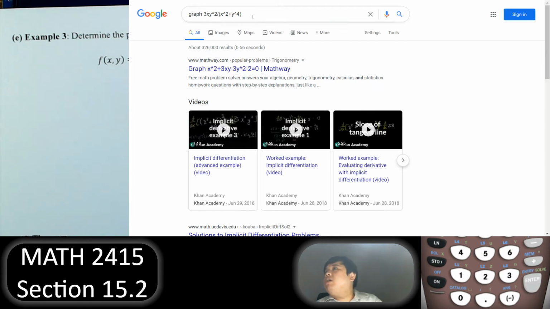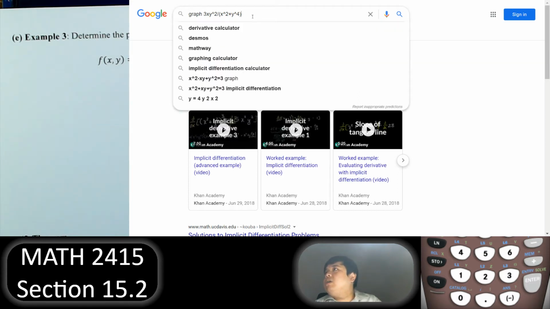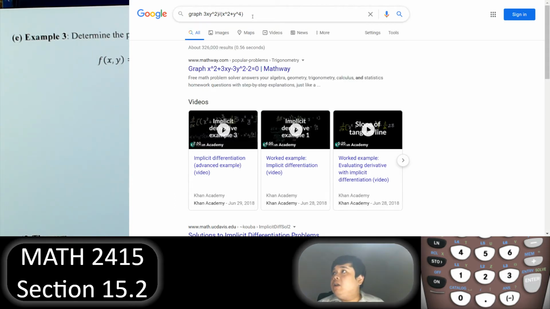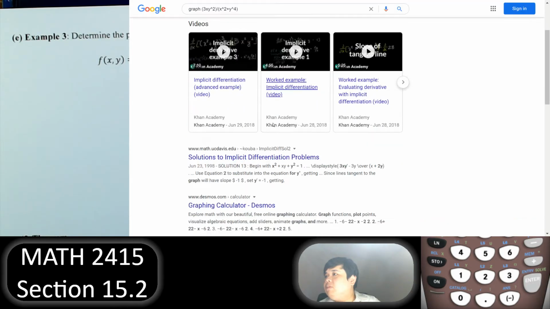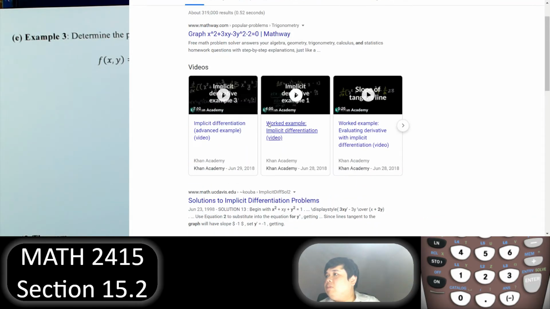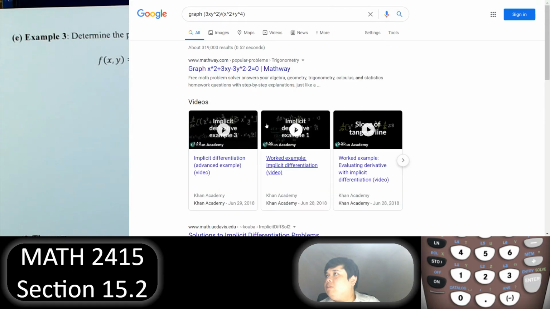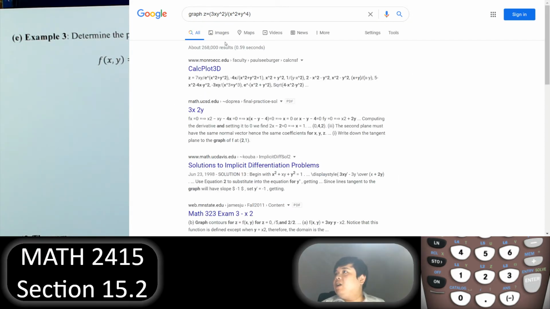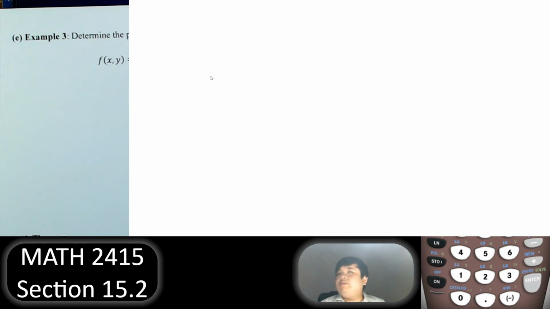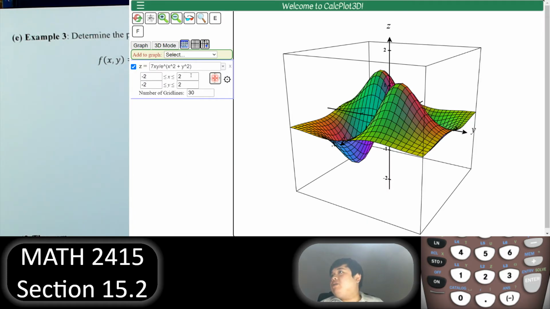Why can we not graph this? Yeah, I have to try something else.